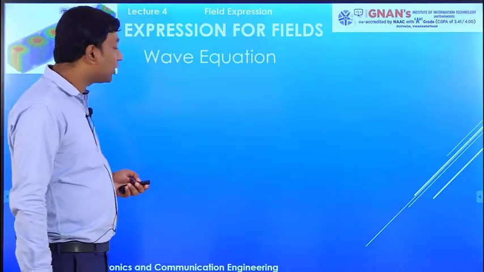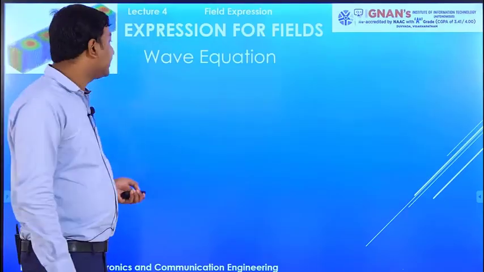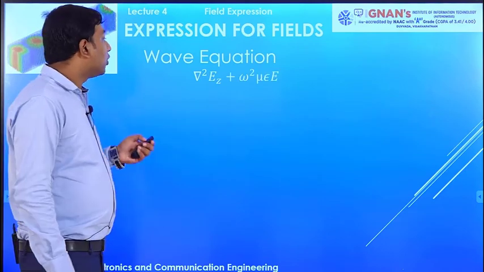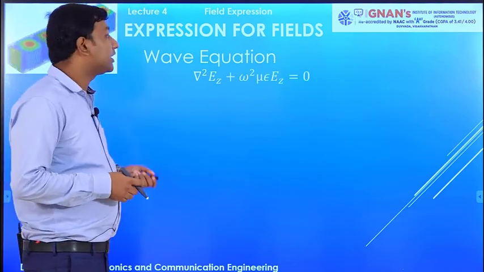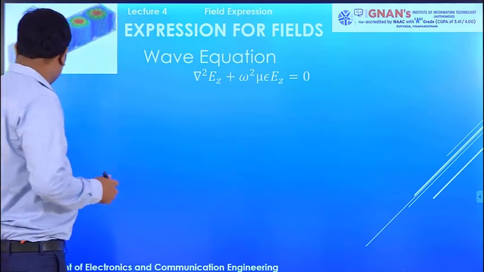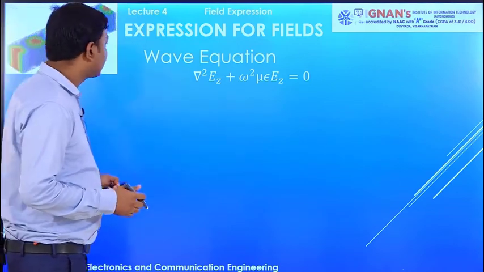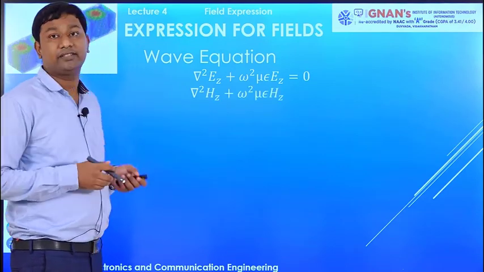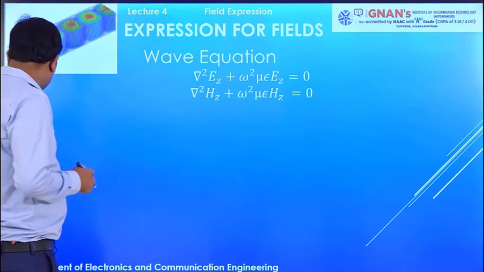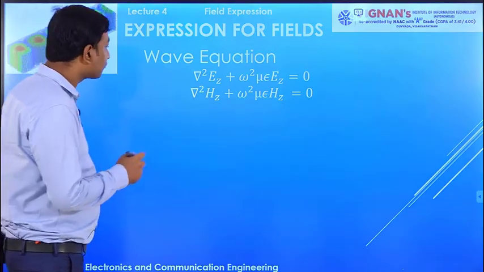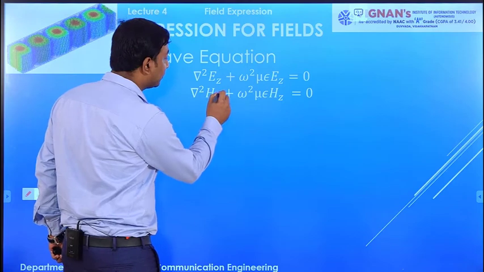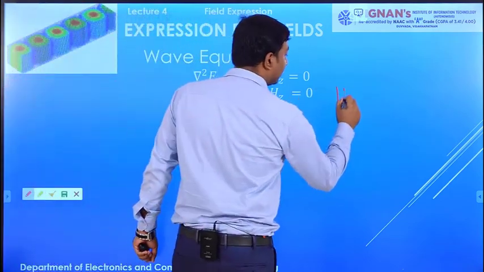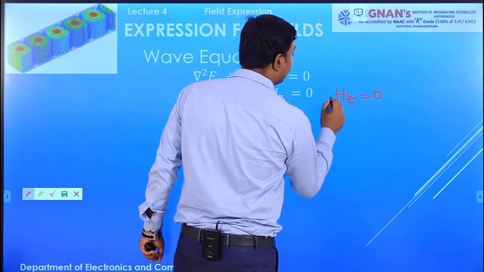Now, first start from the wave equation. The wave equation is del square Ez plus omega square mu epsilon Ez equal to 0, as well as del square Az plus omega square mu epsilon Az equal to 0. For transverse magnetic mode, Az equals 0.